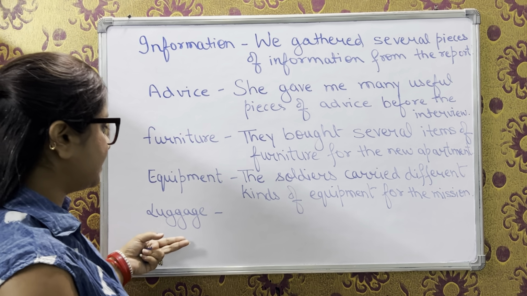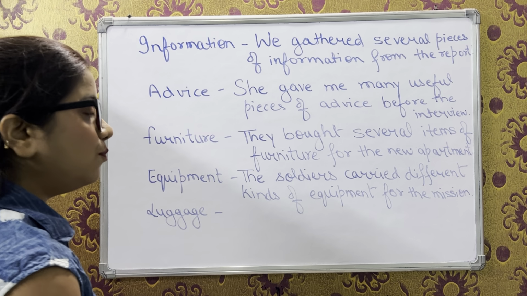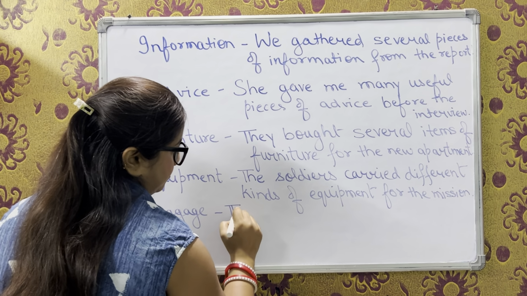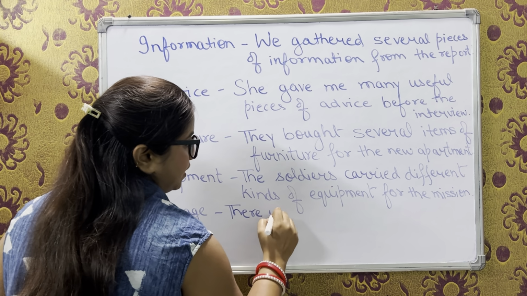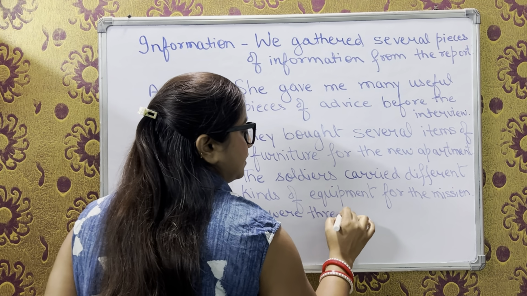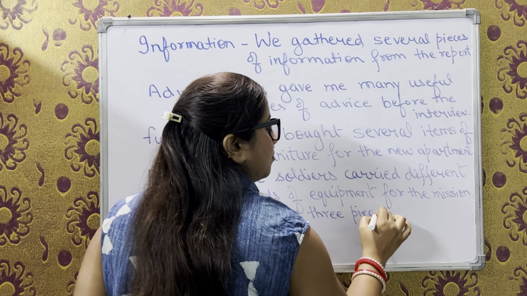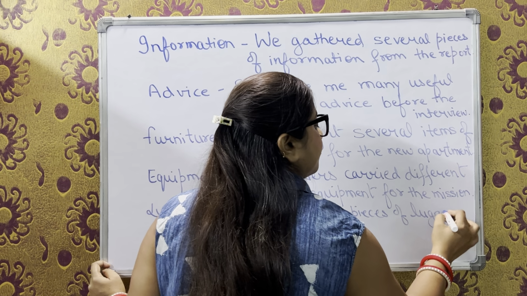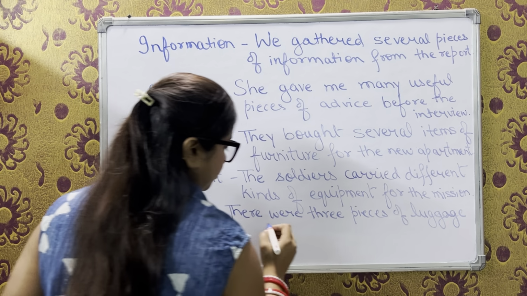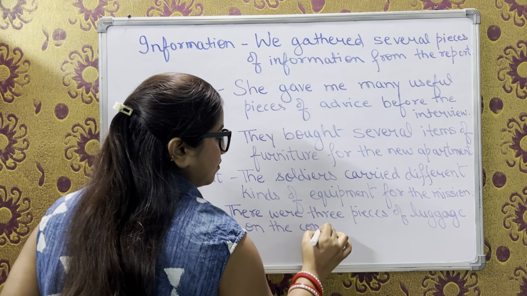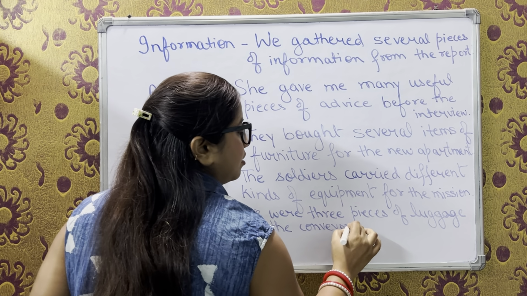We can use this luggage in a sentence in plural form as: there were 3 pieces of luggage on the conveyor belt.